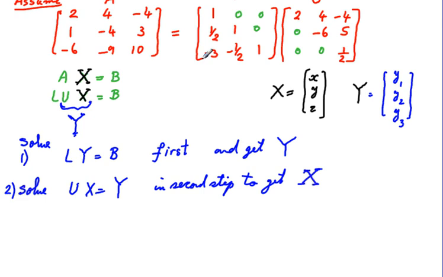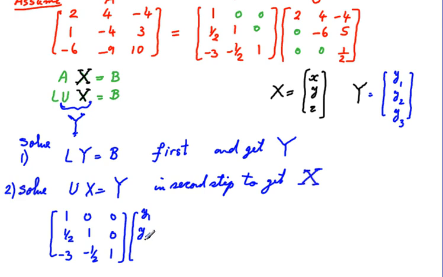I have my L. Let me copy my L. L times the vector Y, which is some numbers. We still don't know what they are. That has to be B. Who is B? B is my right hand side.